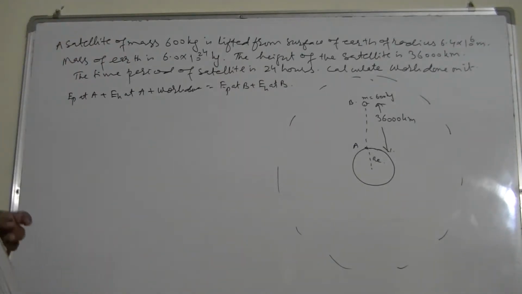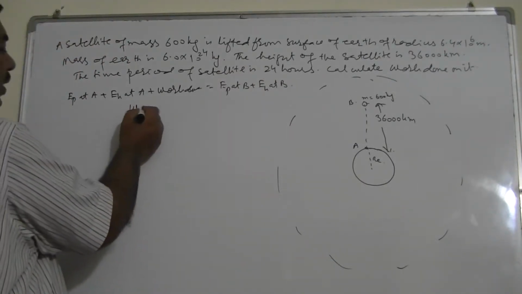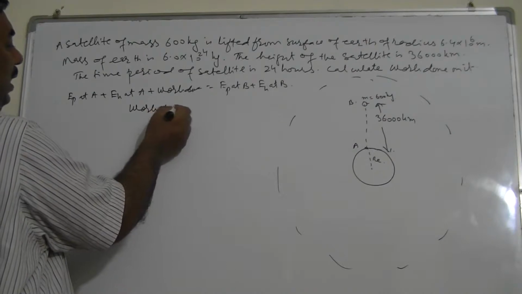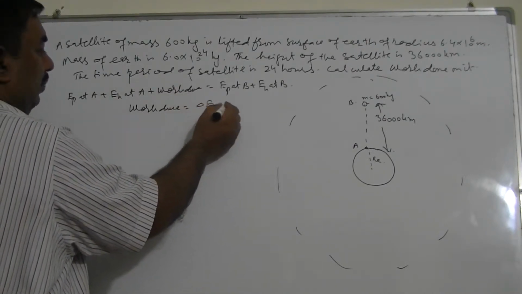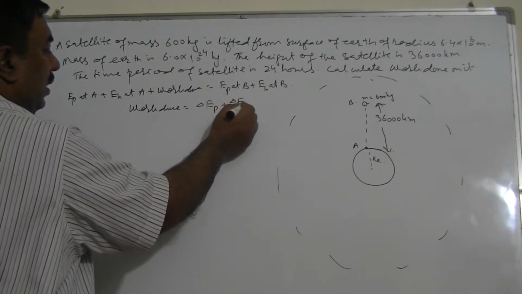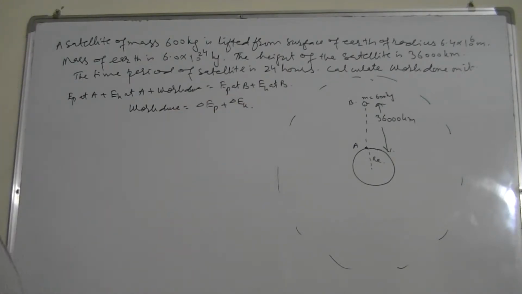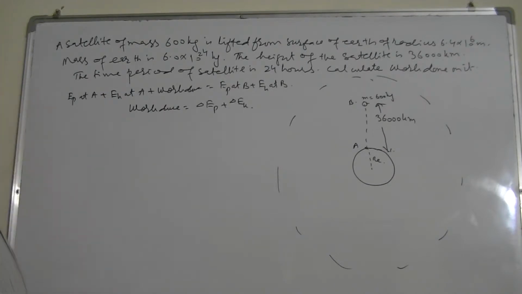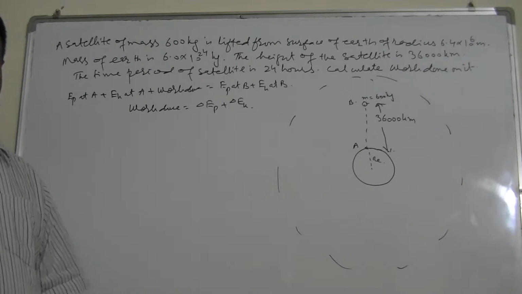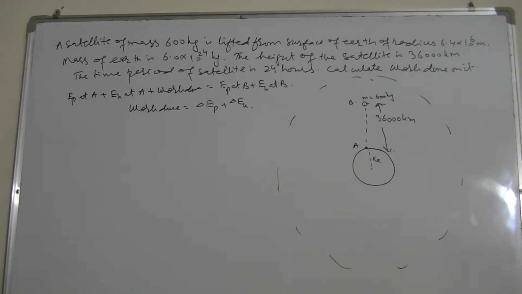Or I can use the other equation, delta EP plus delta EK, which is the final position minus the initial position, taking the signs into account. I will do this question both ways, and I will show that in both ways the answer comes the same.